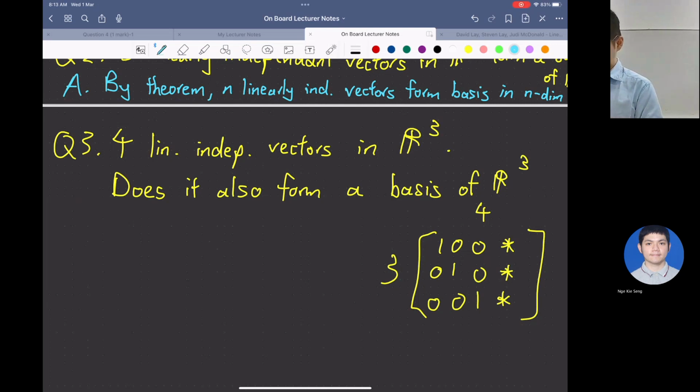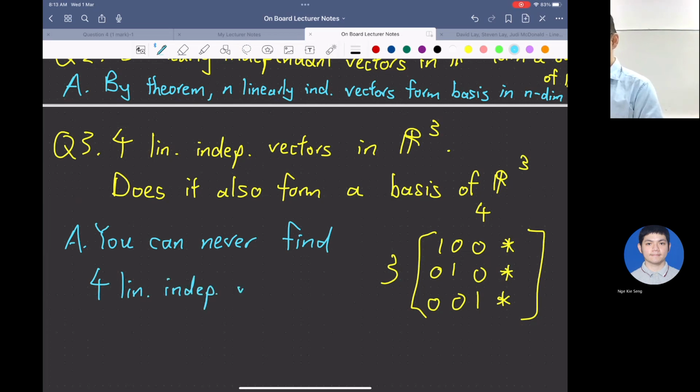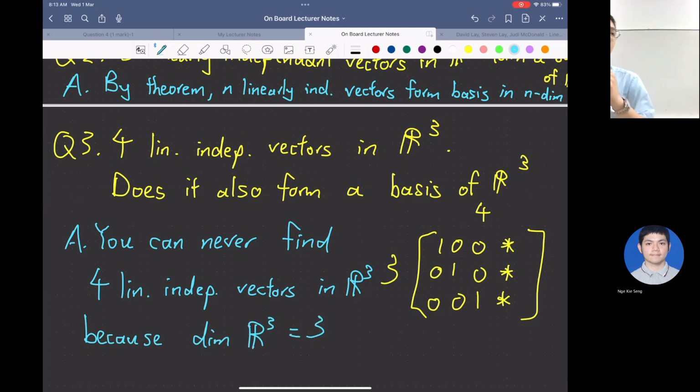So you can never find four linearly independent vectors because the dimension of R3 is 3.